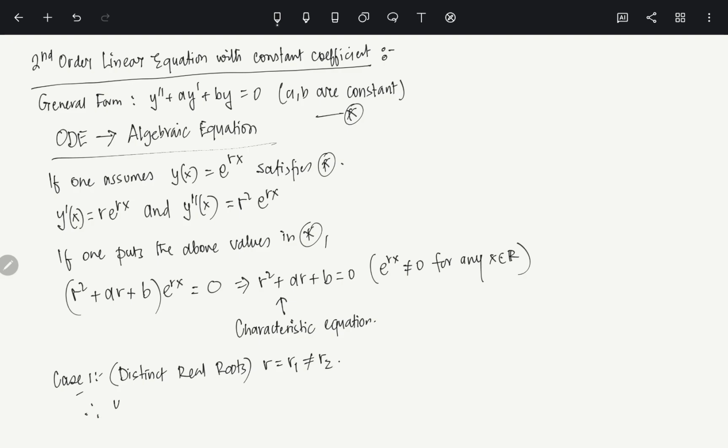The first solution, y1 of x, you can write as e power r1 x, and another solution, y2 of x, is e power r2 x. Those are the two solutions which you will get out of this. Now you see, what is happening is this is a linear equation, right?